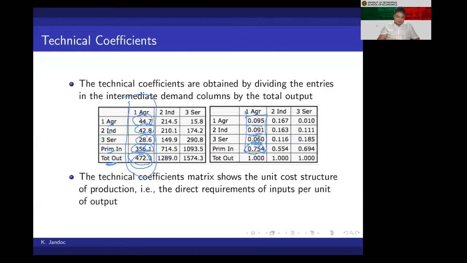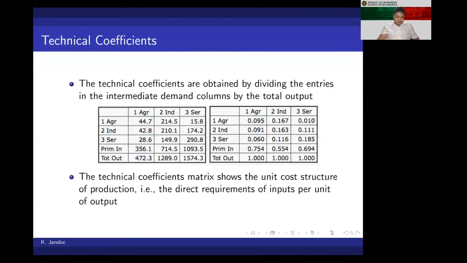Okay, so 1 here is the fact that 472.3 divided by itself equals 1. So they sum to 1. So you do the same for this column. Okay, so you divide this entry by this entry to get this entry over here, and so on and so forth.